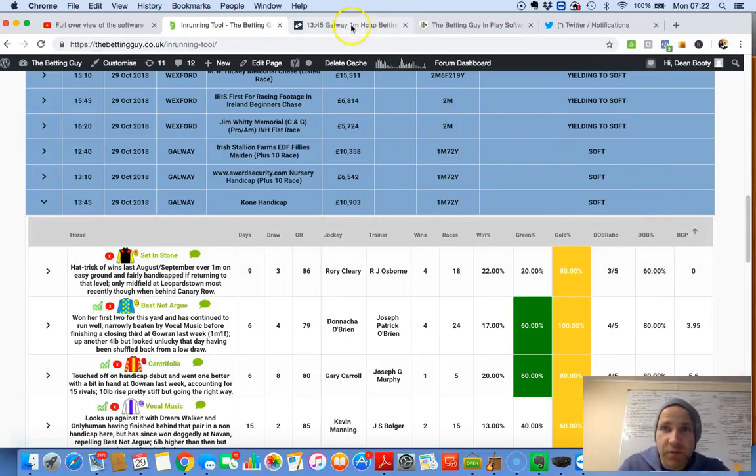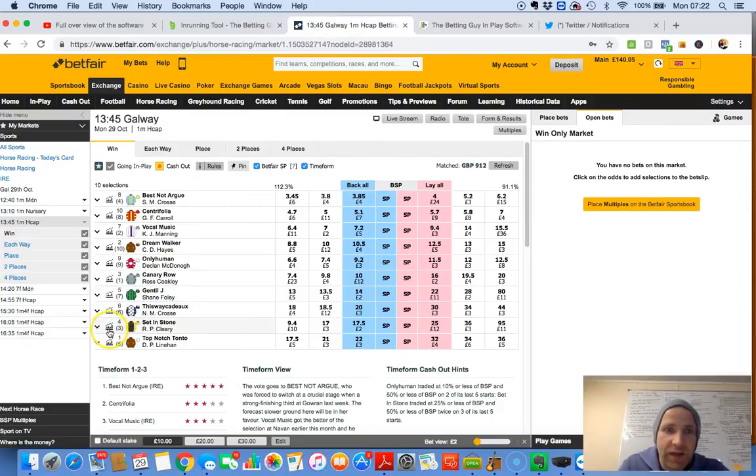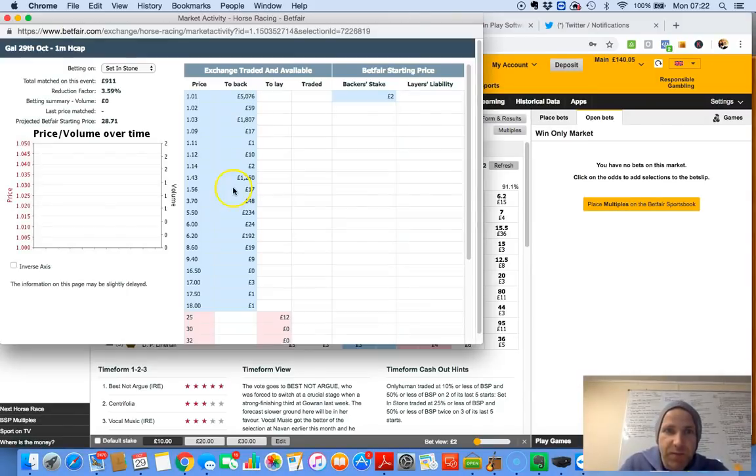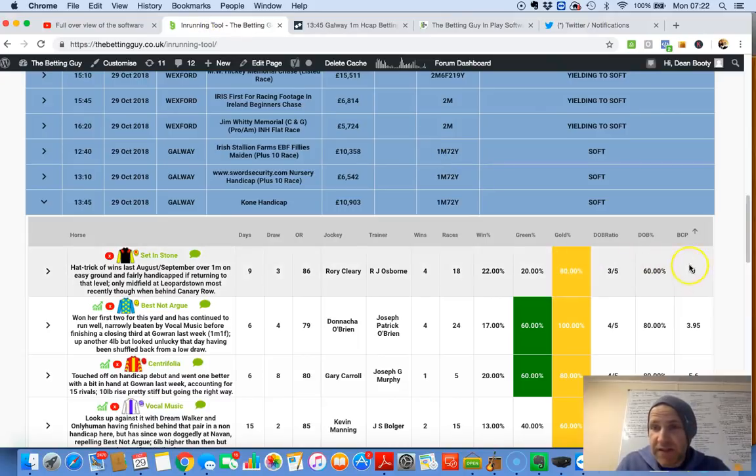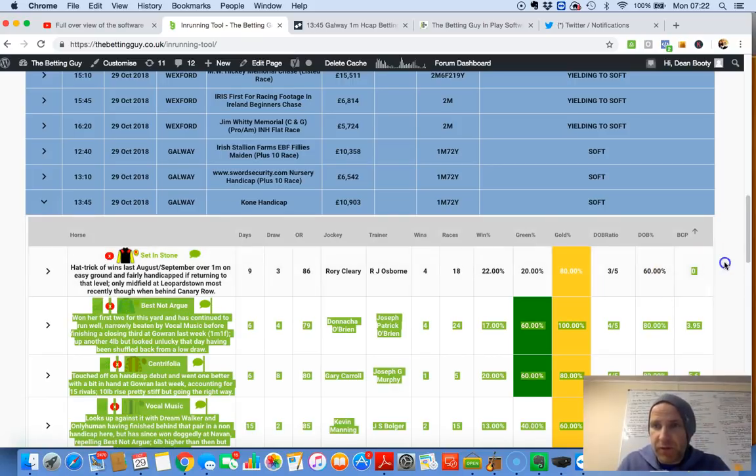0. And the reason why it's 0, when you see a 0, it means that there's been no data for this horse yet. There's been no bets matched. So the software cannot tell you what the last traded price is because there's no traded price. This Betfair current price says what the last traded price is. It's about 3 minutes late, so we get the information about 3 minutes afterwards.